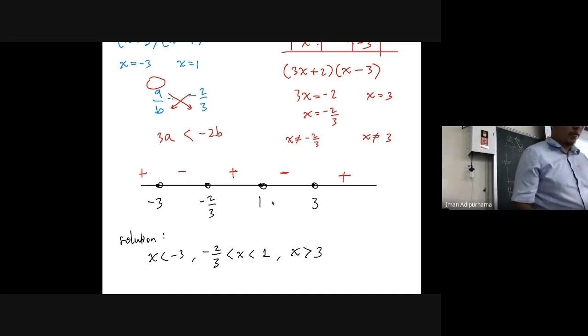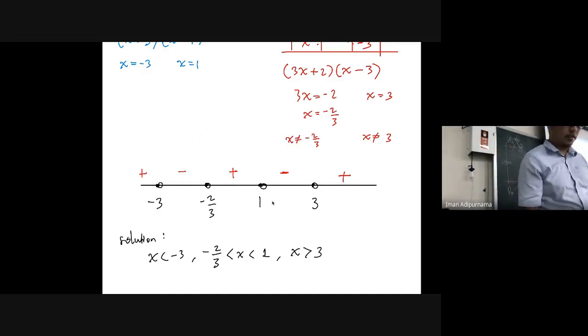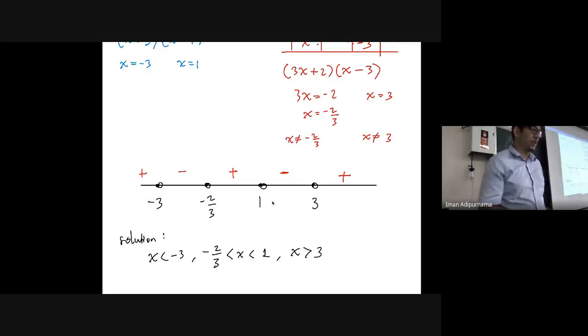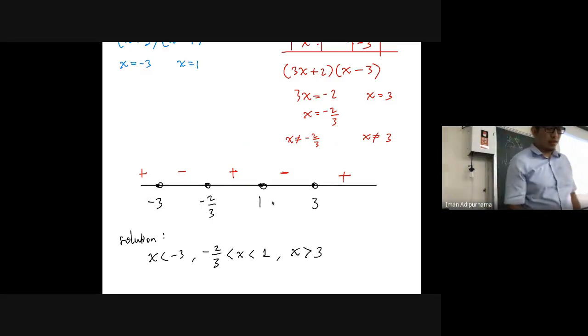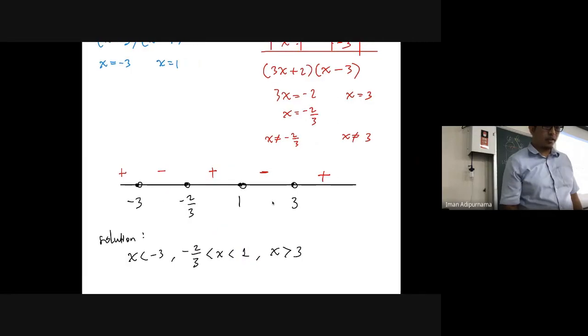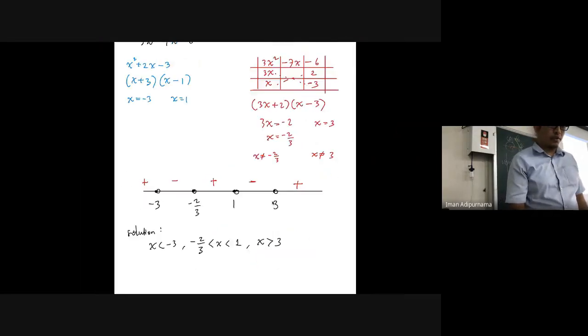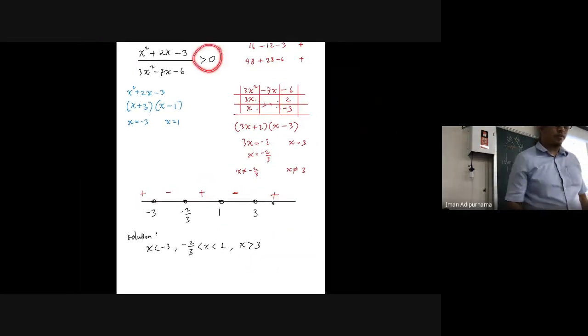Okay. That is if your number here is a fraction. So you do need to be careful. So this is the answer: x less than -3, -2/3 and 1 in between, and x is greater than 3, because the question is greater than 0 directly.